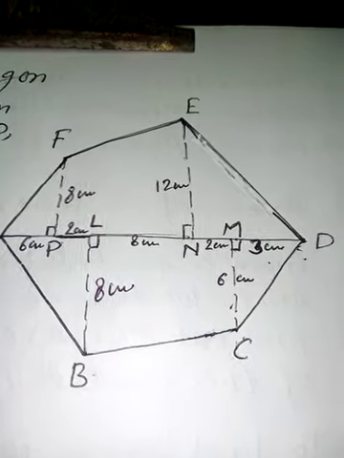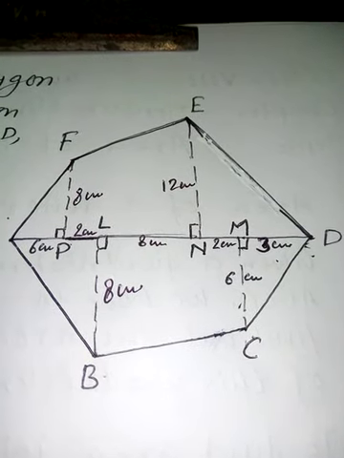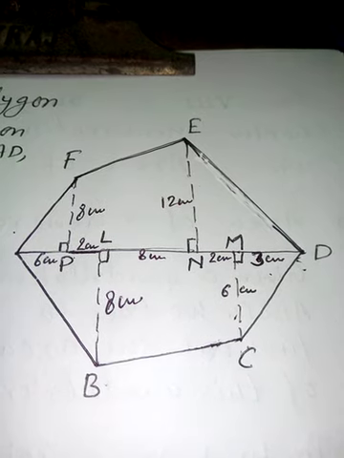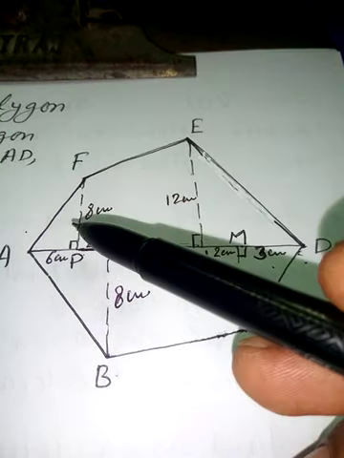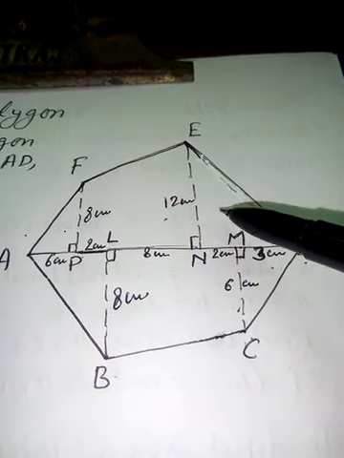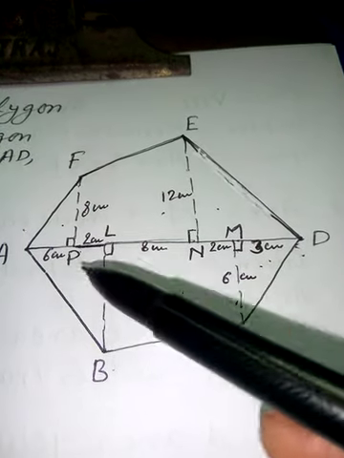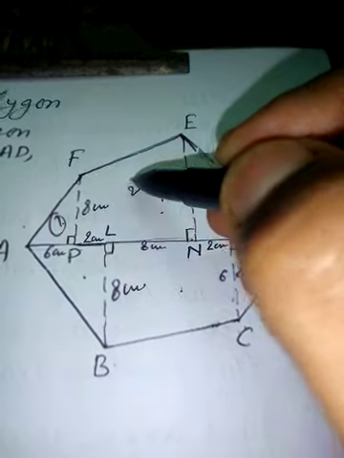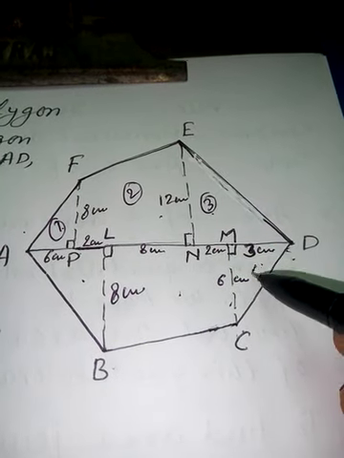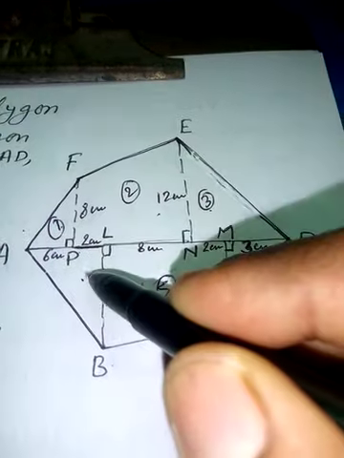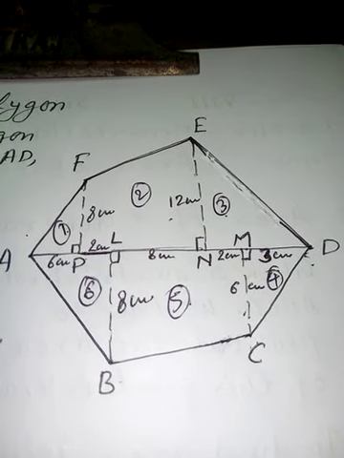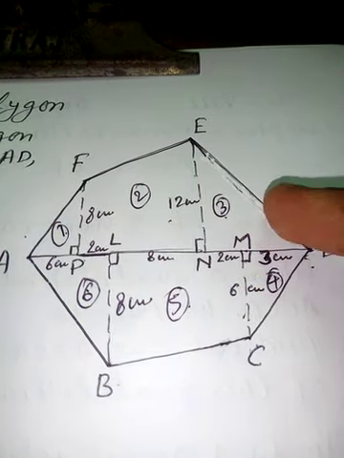Now we have to find out the area of this hexagon. Students, look at the hexagon clearly. This hexagon can be divided into a triangle, a trapezium, a triangle, a triangle, a trapezium, a trapezium. So we have to find out 6 areas to find out the area of this hexagon.